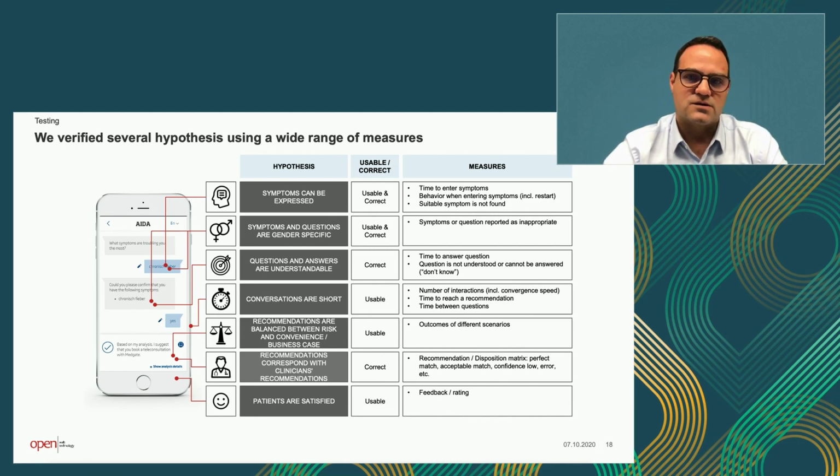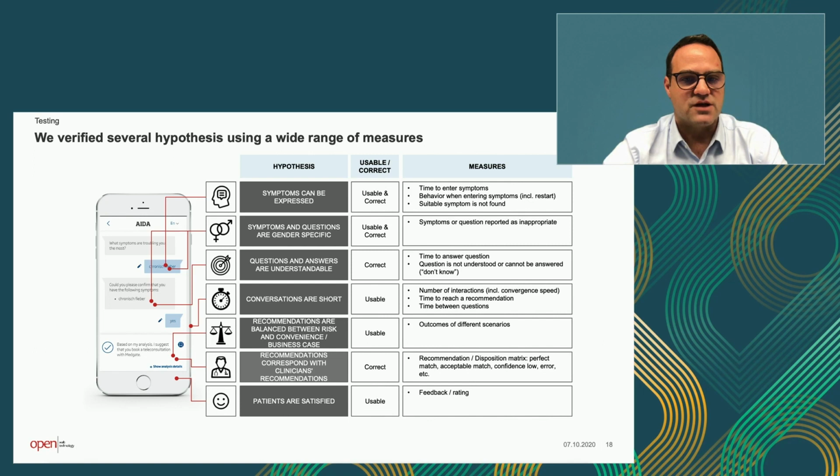So this is what happened also when we had to add business rules to the system to be sure that these questions were not asked. Question and answers are understandable. This relates to the example that I gave before with the migraine. So we needed to avoid this very specific question that the patient was not able to answer.